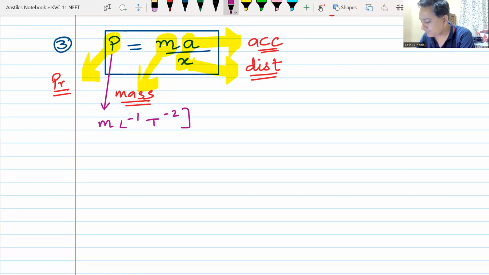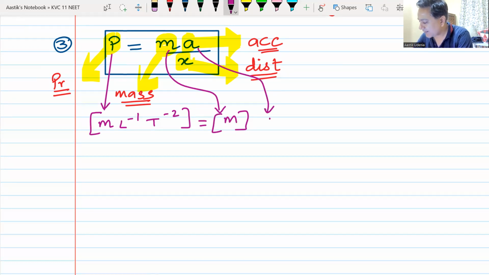Do we remember this? You should remember this. This should be equal to, here M is mass, so mass has a dimension of M. A is acceleration, so it has a dimension of L T minus 2. X is distance, so it has dimension of L.